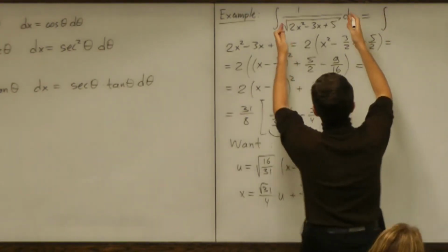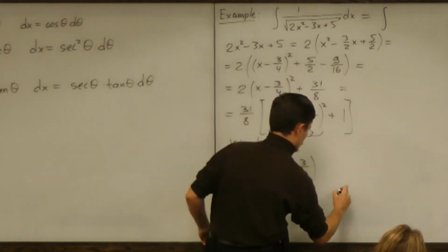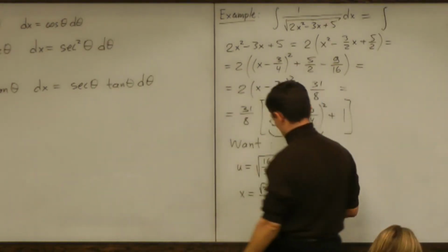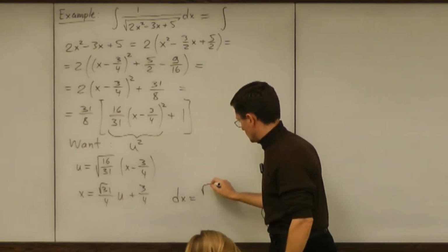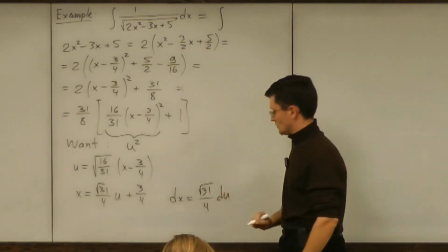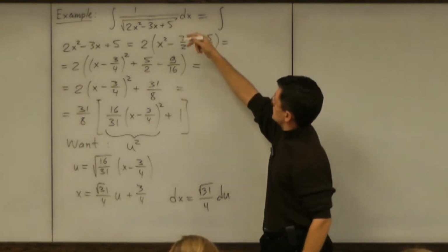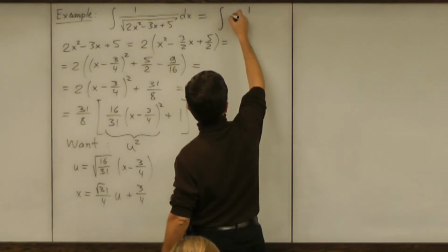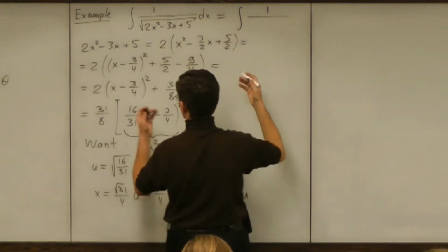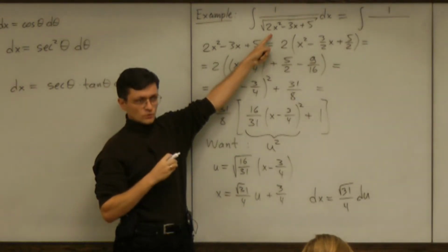Well, first of all, what happens to my integrand? Because I definitely know what happens to dx. Dx is that coefficient, square root of 31 over 4 times du. That's easy. So what happens to the integrand? It will still be a fraction, 1 over square root. What do I have inside the square root in terms of u?